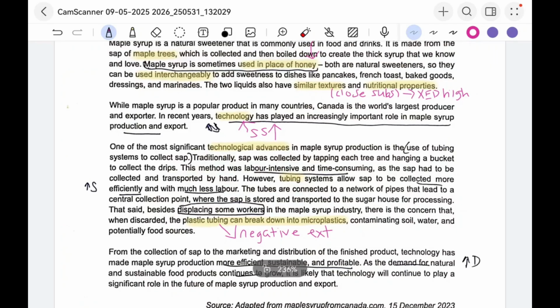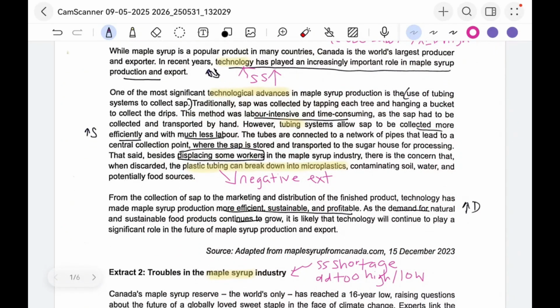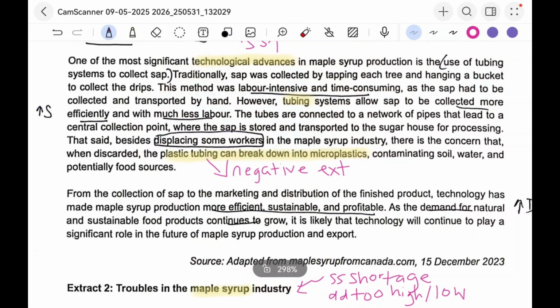Okay, then from the collection of sap to marketing and distribution, tech has made it more efficient, sustainable, profitable. So this is still talking about the benefit of the technology, which we know in detail from the previous paragraph. And as the demand for natural and sustainable food products continues to grow, it is likely that tech will continue to play a significant role.